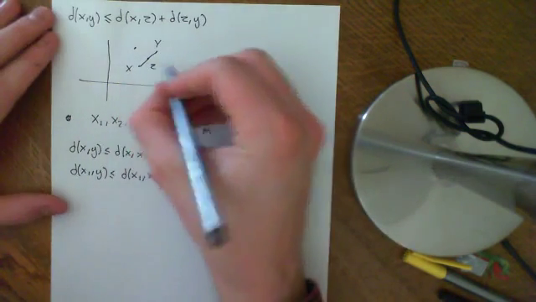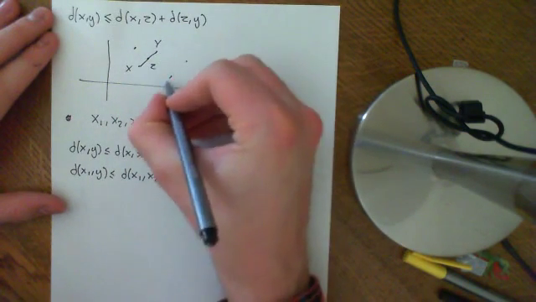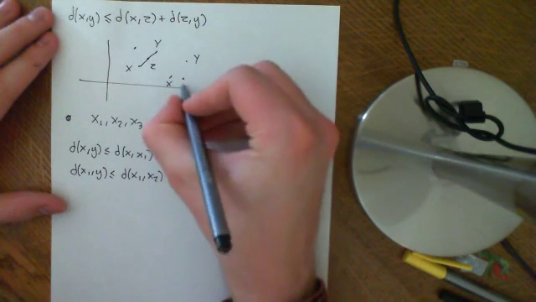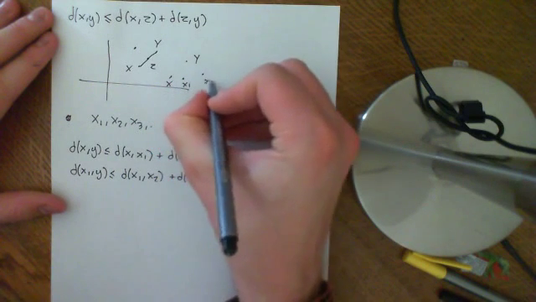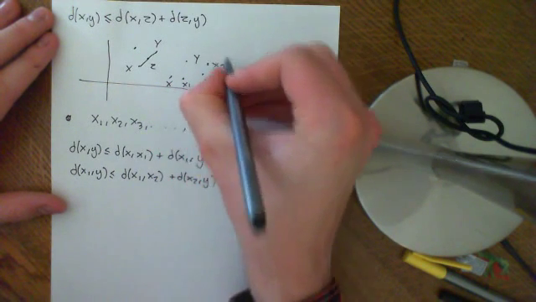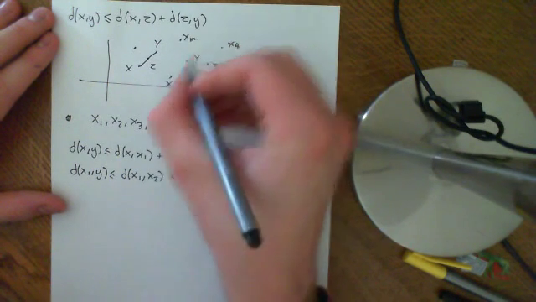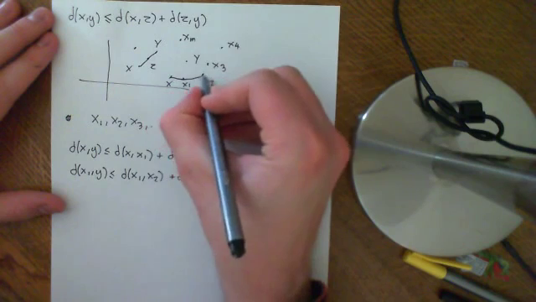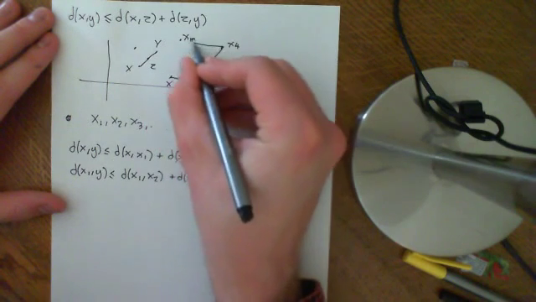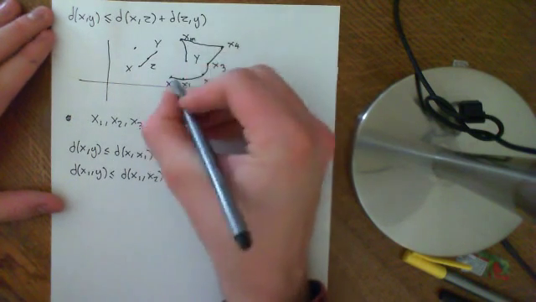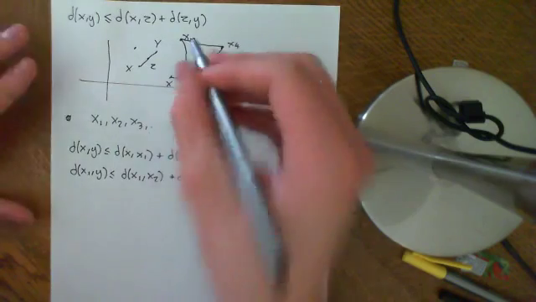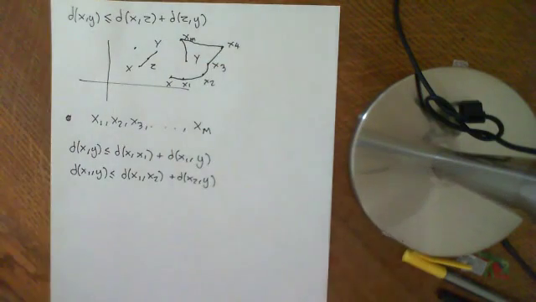So we have two points x and y, and then we have a bunch of points x1, x2 over here, x3, x4, all the way up to some xm. What we're going to prove is that if we go through this path, the sum of all these distances is going to be greater than or equal to the distance between x and y.